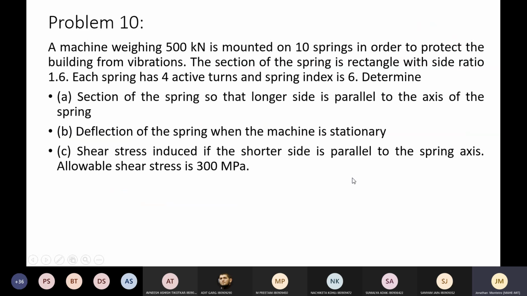Okay, let me go to the next one. Let's take down this. This is of a rectangular cross section.